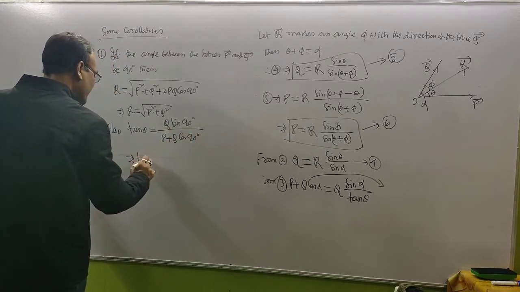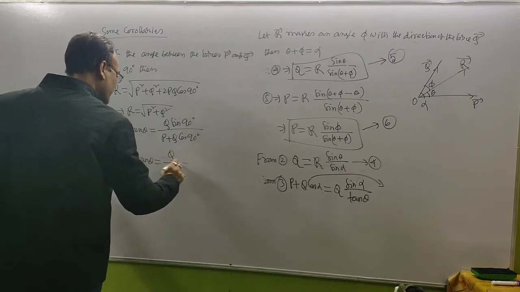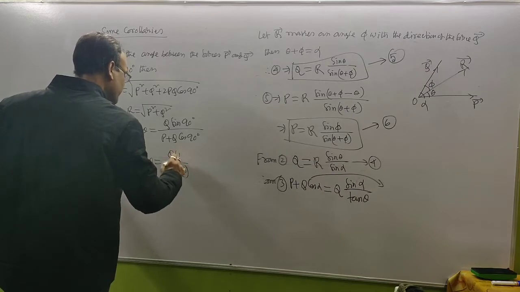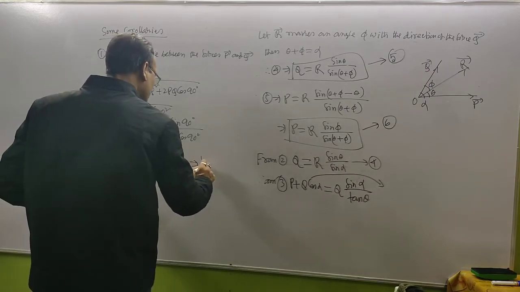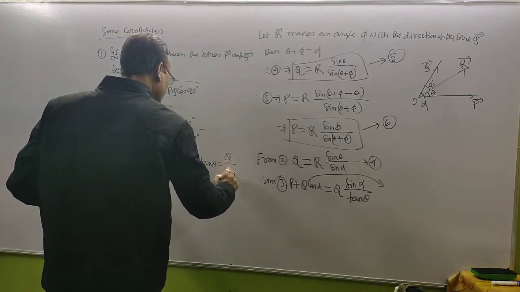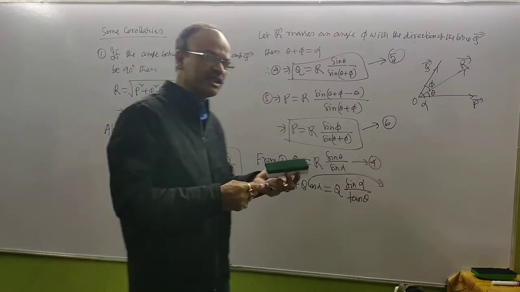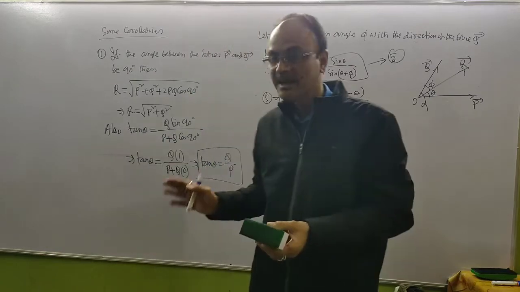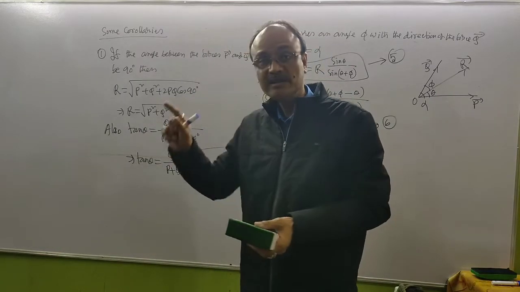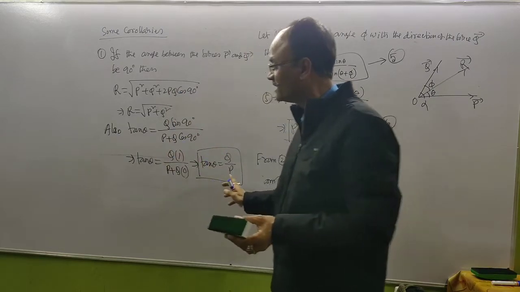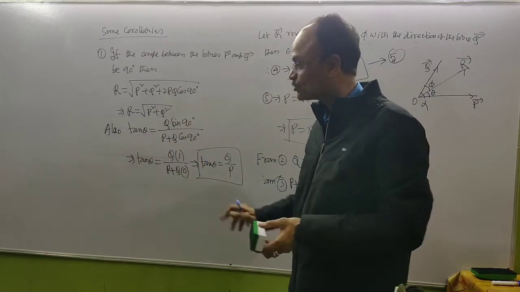Or you may write tan theta is equal to Q divided by P plus Q into 0. This means tan theta is equal to Q by P. This is also a relation. Or theta is equal to tan inverse Q by P. When the angle between the two forces P and Q is 90 degree, then we will get this result also.